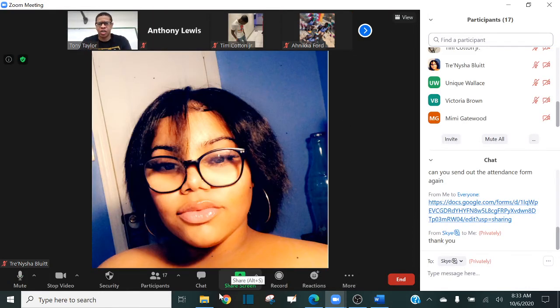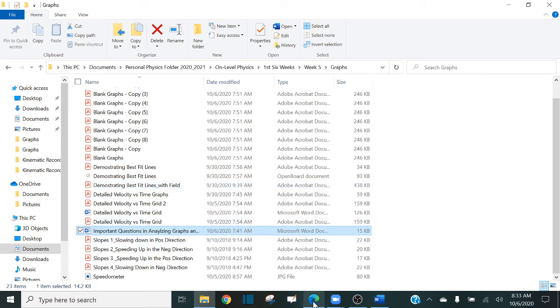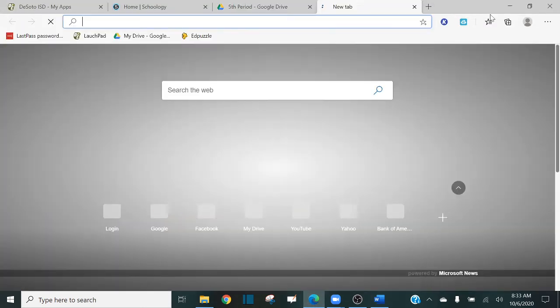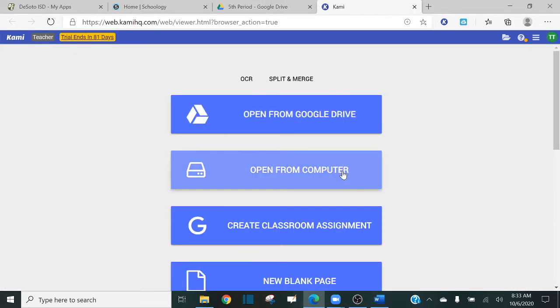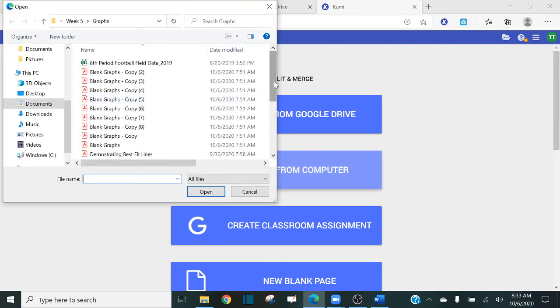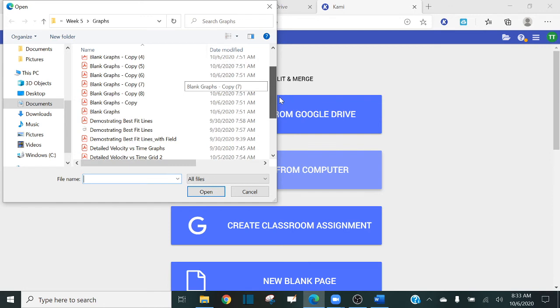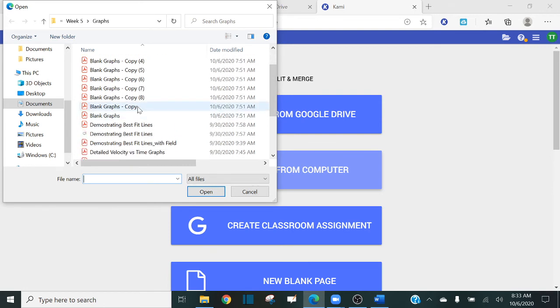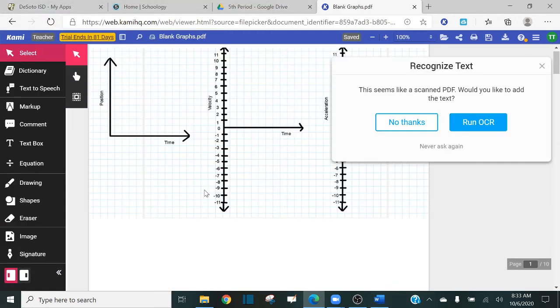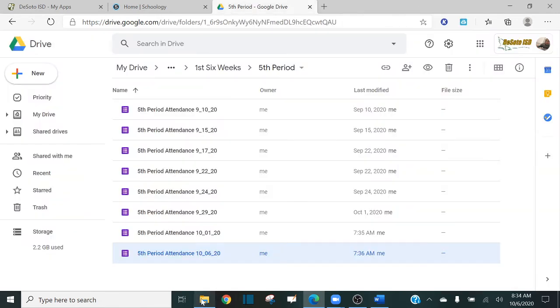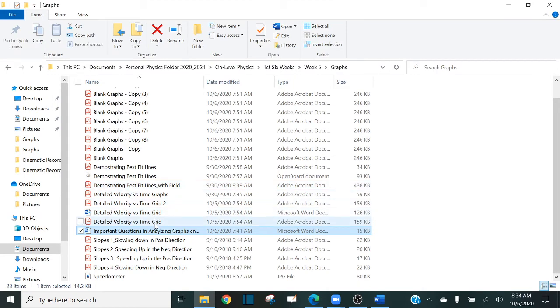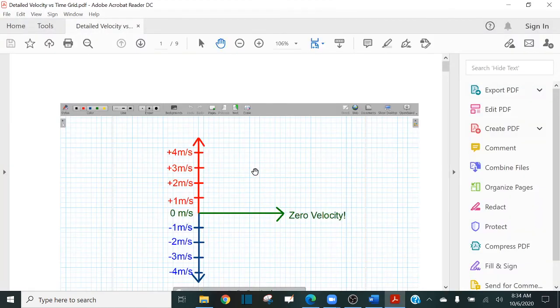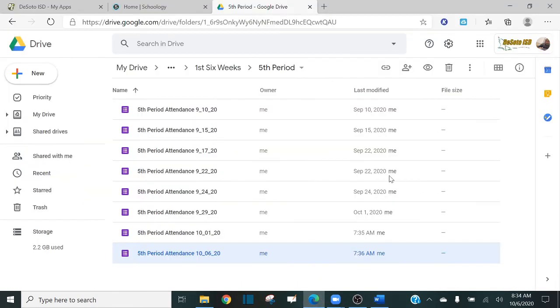Okay. So let me pull up... Guys, give me just a second while I pull up these plane graphs. Okay. No, that's not what I wanted. Hold on, guys. Pulled up the wrong file. Give me just a second. Make sure I pull up the right one.